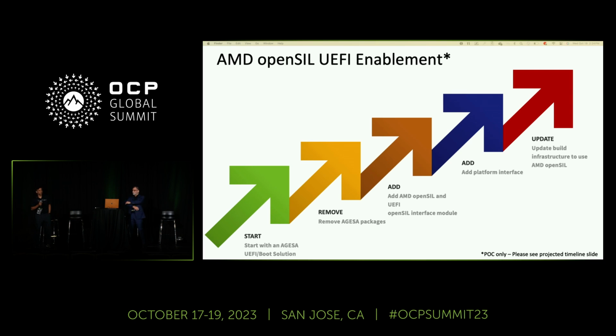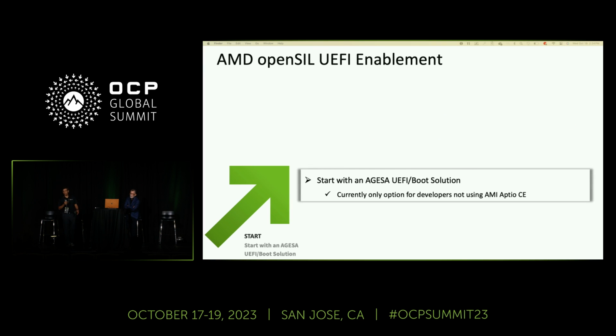Hello. I'll be discussing how someone can take the OpenSIL library and add it to your UEFI firmware and create a full-fledged UEFI firmware for an AMD Genoa Onyx platform. Basically, you can take two paths.